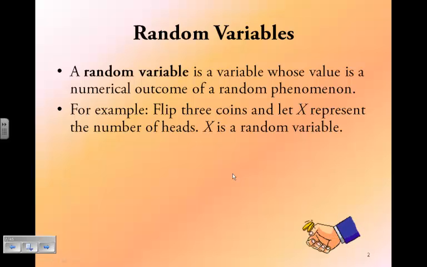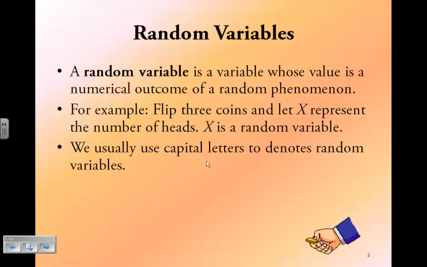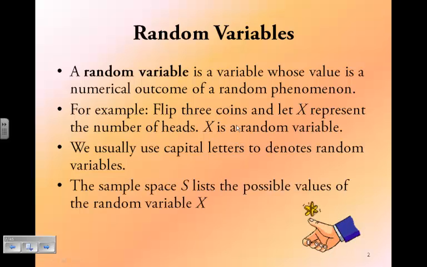So for example, if you flip 3 coins and you let x represent the number of heads, then x would be the random variable. Usually, notationally, we use capital letters to denote random variables. So when you see a capital letter, we're talking about some variable that has an element of randomness to it. The sample space, again a capital S, would list all the possible values of a random variable x.